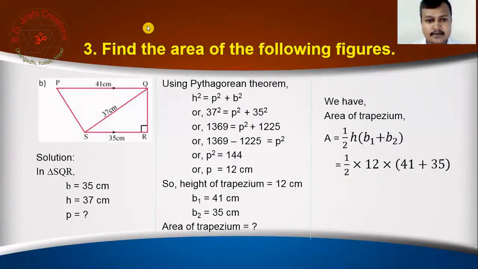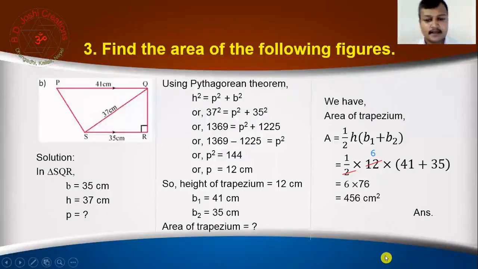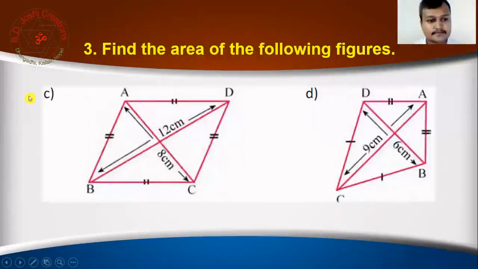And if we cancel out this 2, 6 times 12, there will be 6. Next, 41 plus 35 is 76. So it is 6 into 76, which is equal to 456 square centimeter, and it is the required answer for question number 3B. Let's move to the next question.